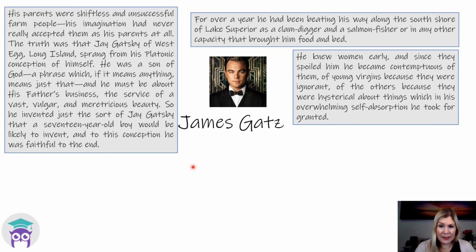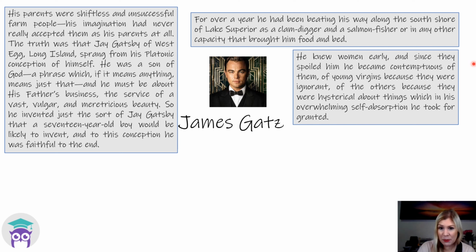Now, another thing we learn about James Gatz is his attitude to women, and this might be quite surprising to you, considering the highly romantic view of Daisy that J. Gatsby seems to have. Well, James Gatz had certainly a different outlook on women. It says he knew women early. That is a euphemism. That means that he was having sex with women from a very early age.